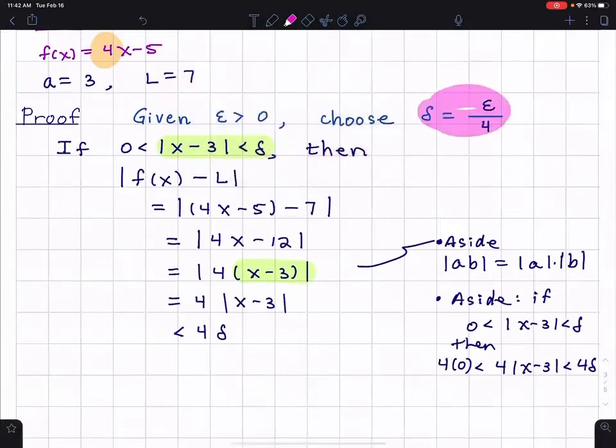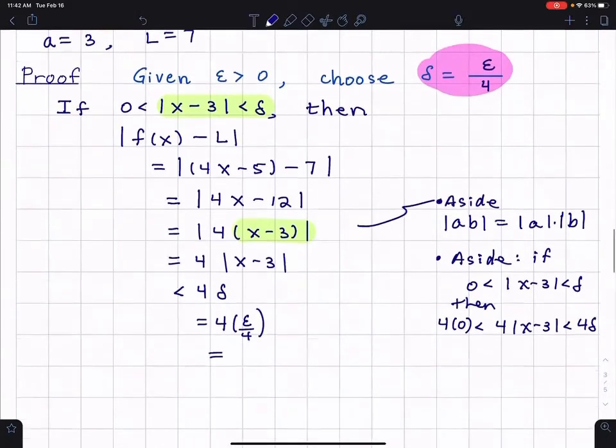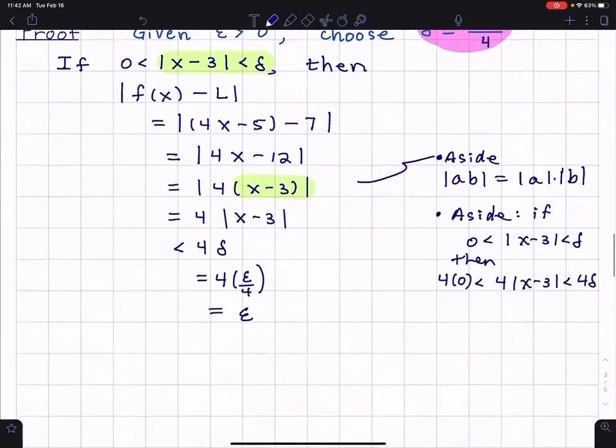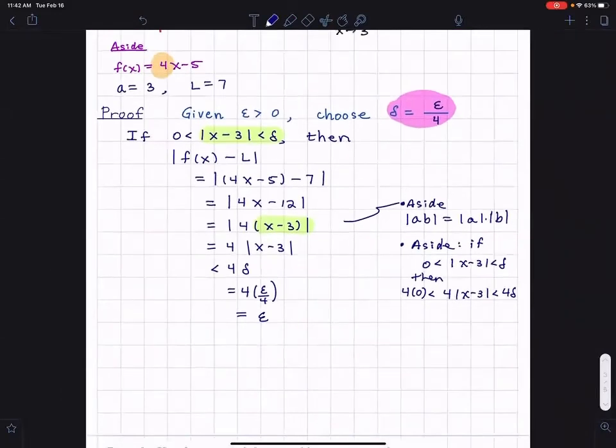But now I go over and say, what's going on over here? Well, delta is equal to epsilon over 4, so I'll just go ahead and substitute that in there. That's equal to 4 times epsilon over 4. And now, with simple algebra, that equals epsilon. I think that's done. Some books will then do a little summary.